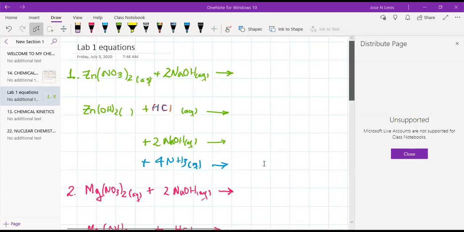And we compare the behavior of these metal compounds when they react against acid or base.